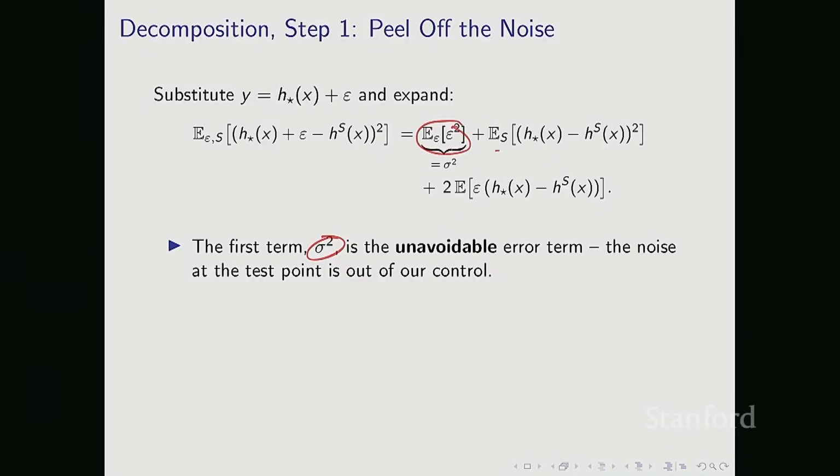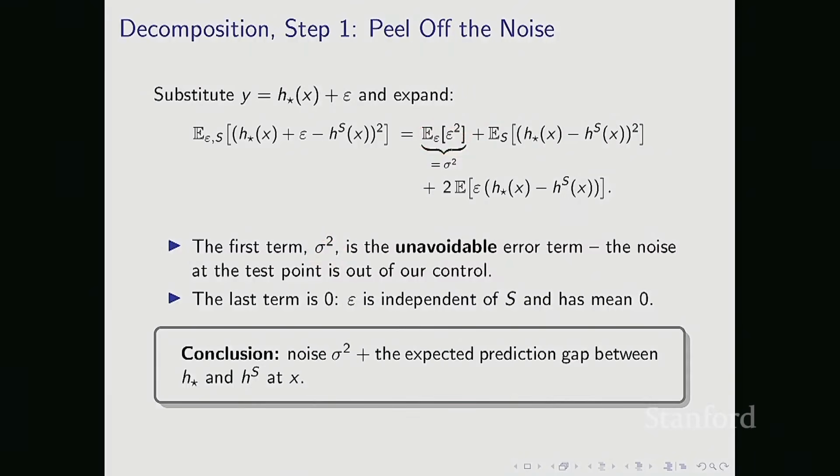The second error here, let's look at this. The last term is going to be 0. Now, why is the last term 0? That's because epsilon is mean 0, and it's independent from h of s. So the test error, when we do this decomposition, whatever epsilon's value is, doesn't depend in any way on the training points. So that's going to cancel as a cross term.